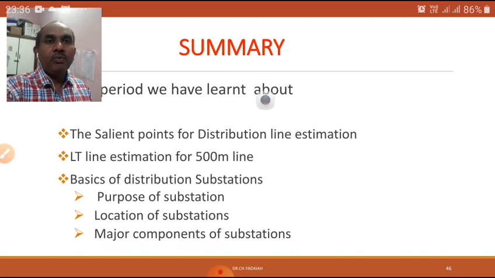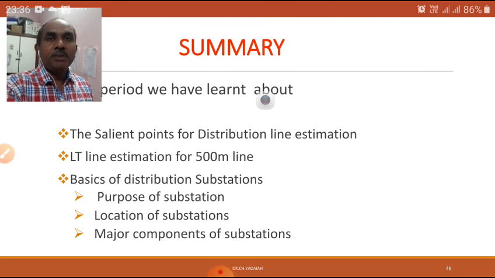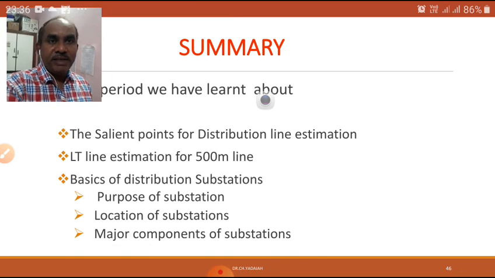After that we covered the basic purpose of substations and their classification based on different factors such as purpose, whether conversion or switching, and also based on location, whether indoor, outdoor or underground.